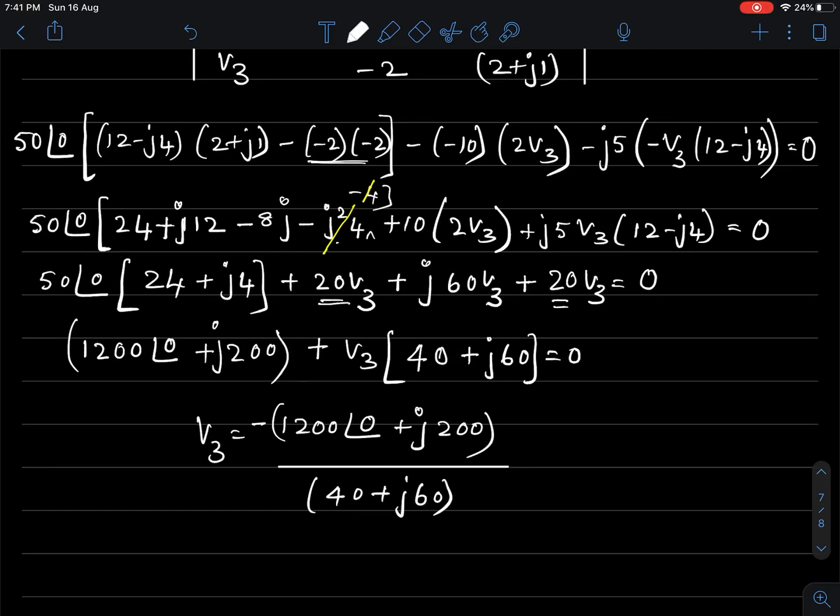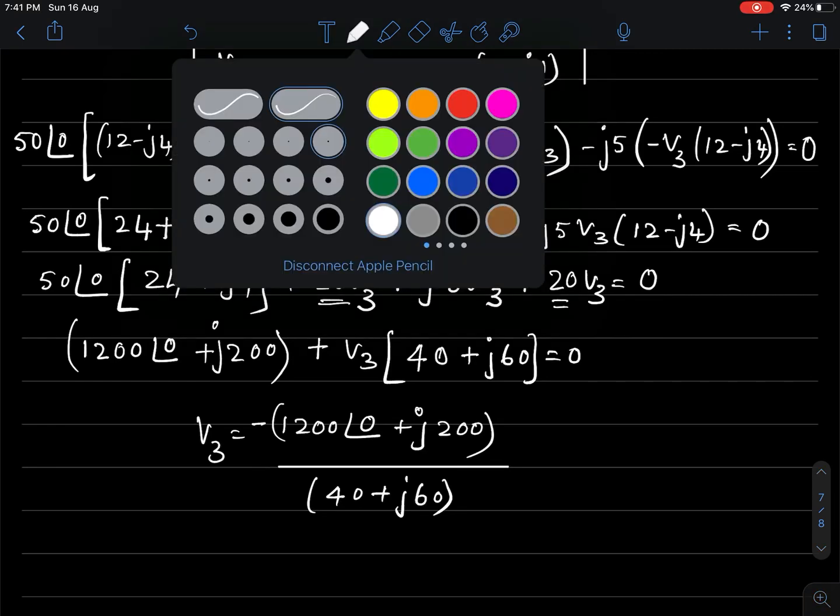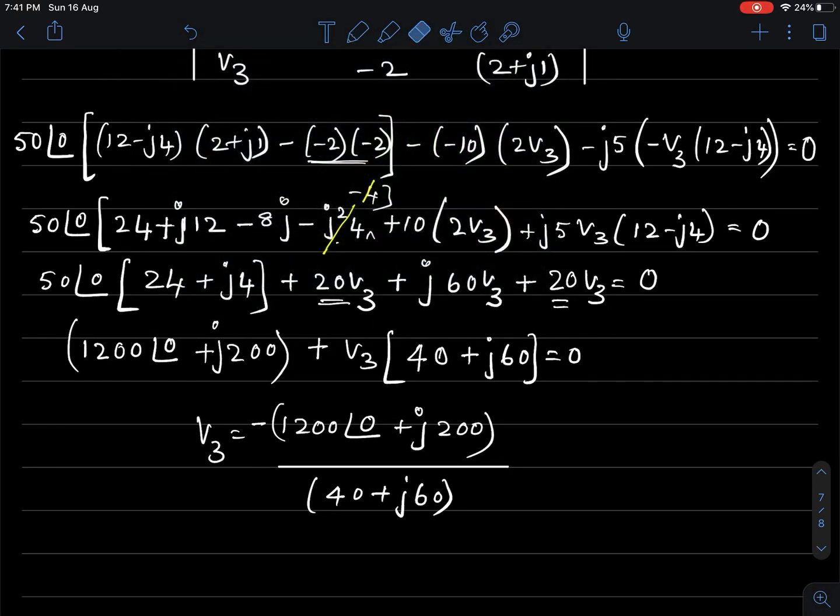I think I have not done any mistake here, at least now. I'll write it a little properly. This is V3 equal to, this is with a negative sign.